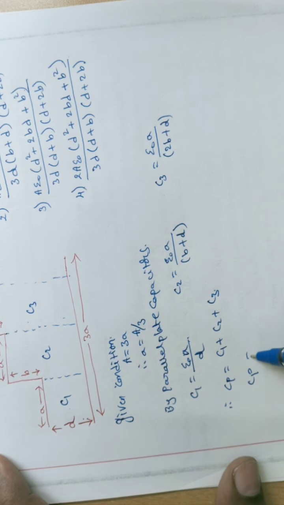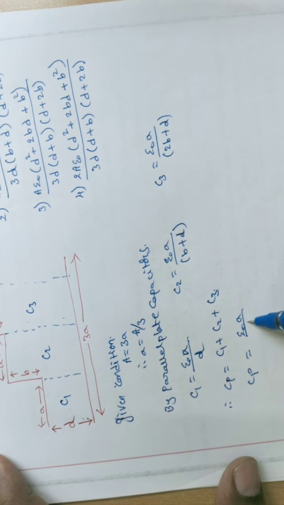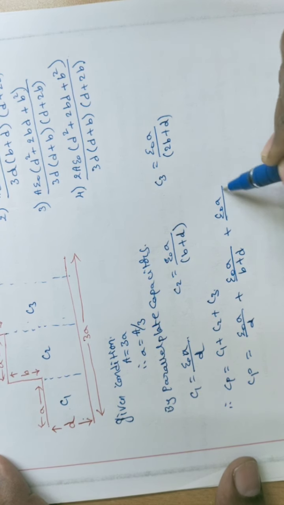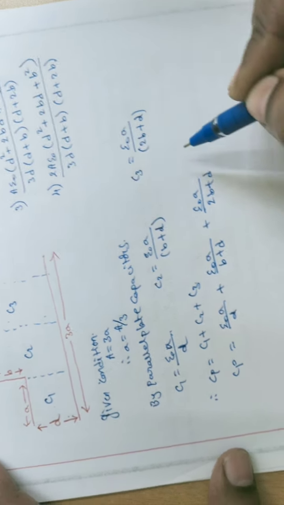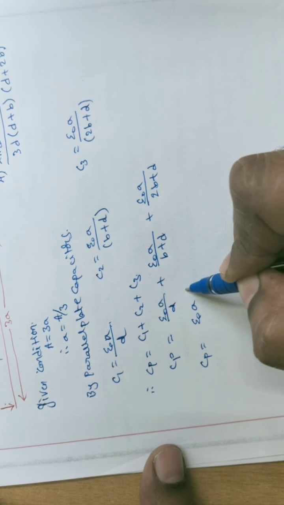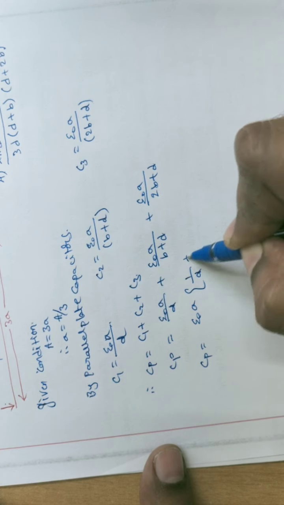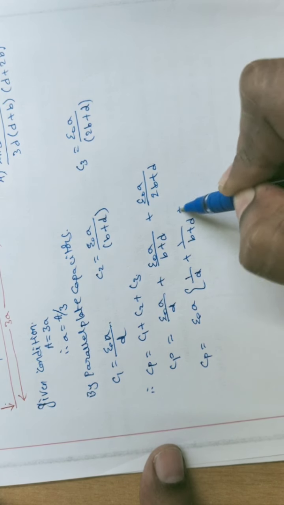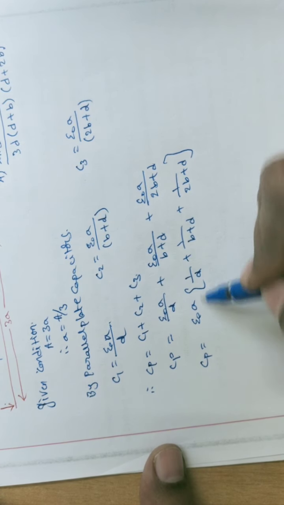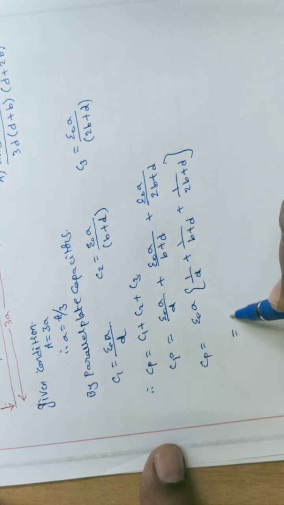So Cp is equal to epsilon naught a by D plus epsilon naught a by (B plus D) plus epsilon naught a by (2B plus D). Taking the common factor, Cp is equal to epsilon naught a into (1 by D plus 1 by (B plus D) plus 1 by (2B plus D)). Instead of small a, I am writing capital A by 3.